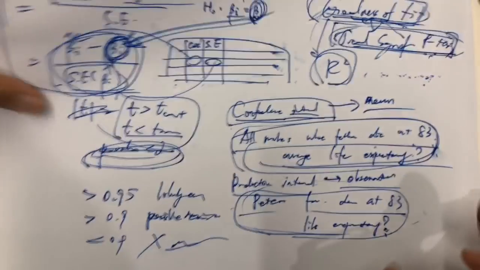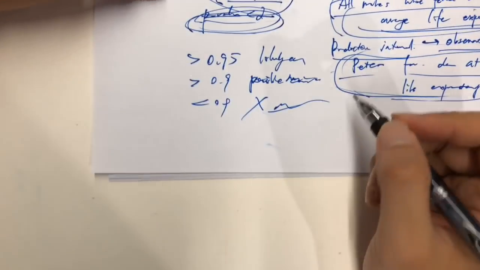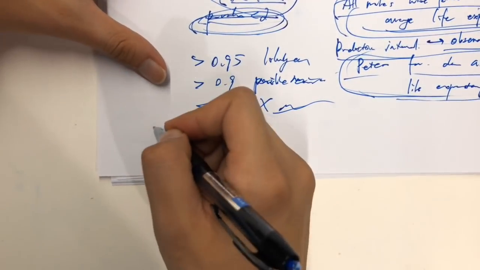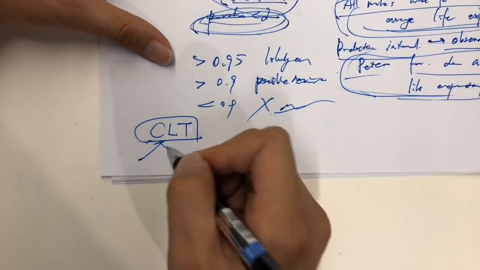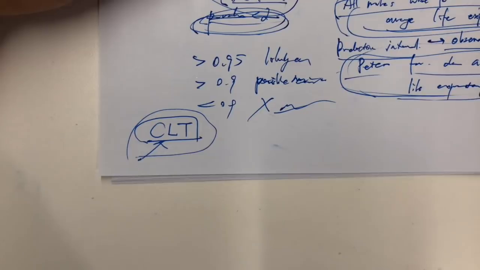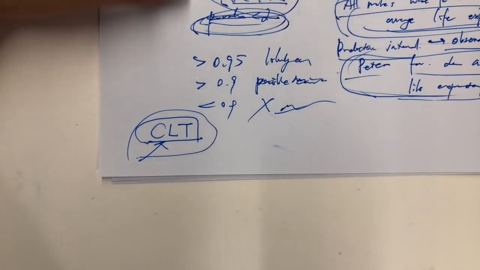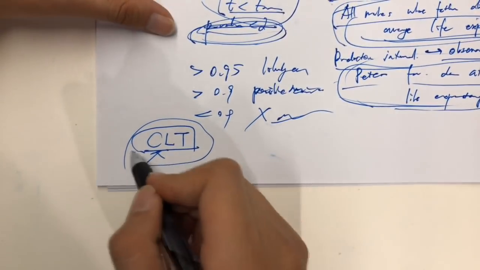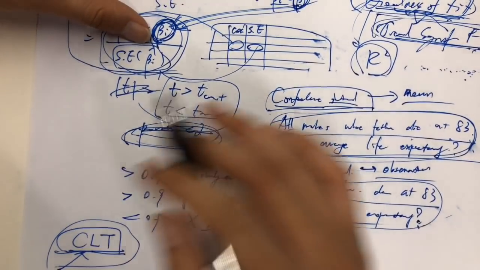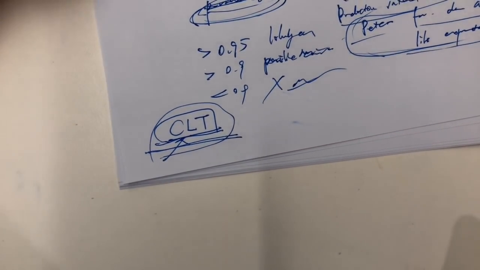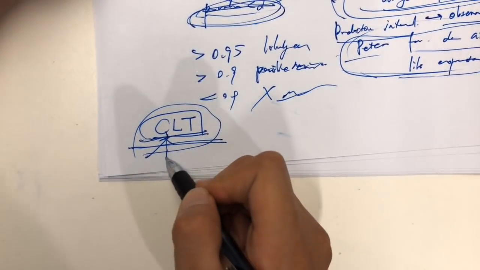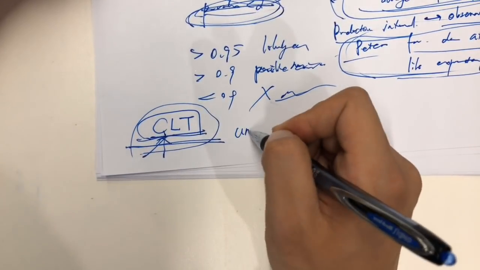But what I suggest is that you really need to understand the central limit theorem. This is the key thing before the mid-semester exam, and we keep applying the central limit theorem, or its derivation, for the whole semester. So understanding it is very important.